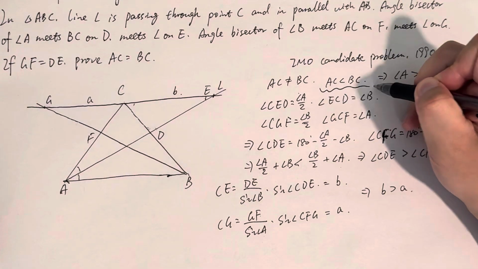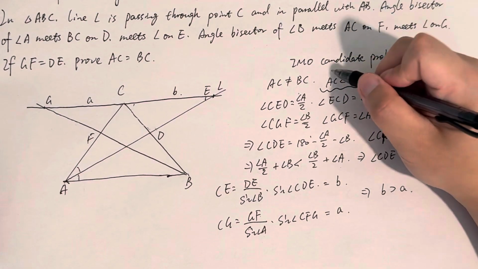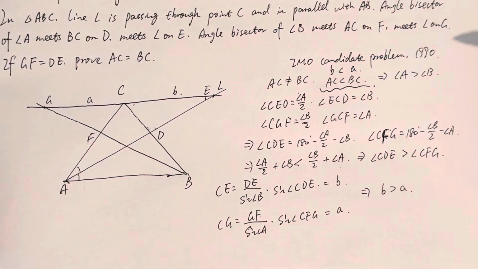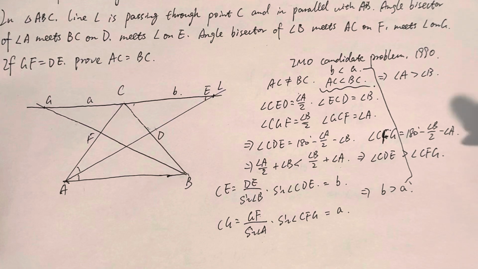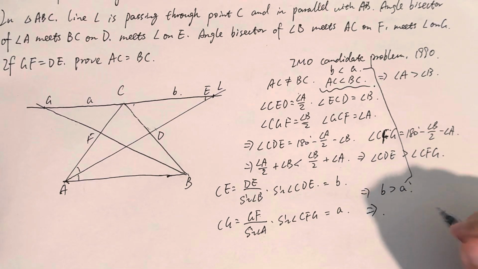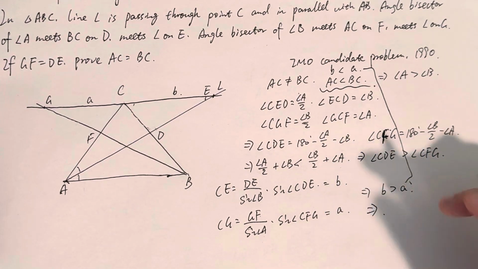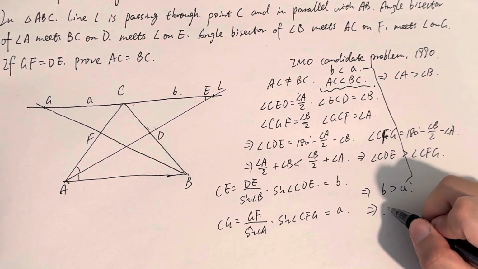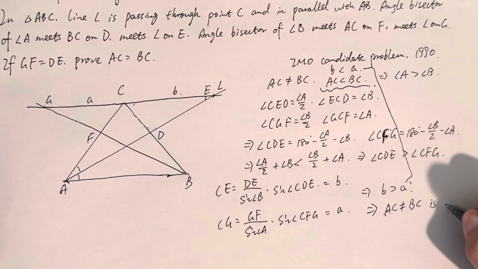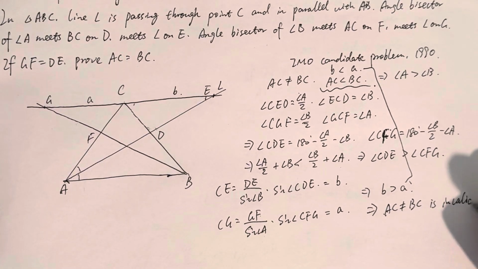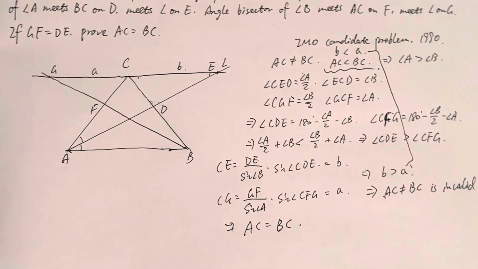But from here, we know that AC is less than BC, which means b is smaller than a. You see the contradiction here? Which means the assumption is not valid, right? So AC does not equal BC is invalid, which means AC equals BC.